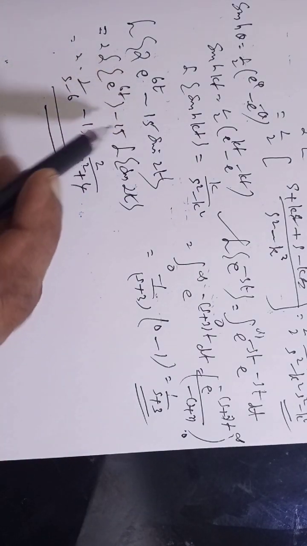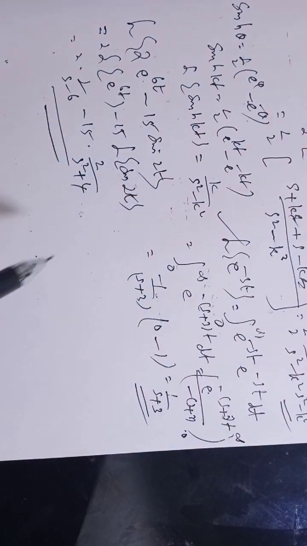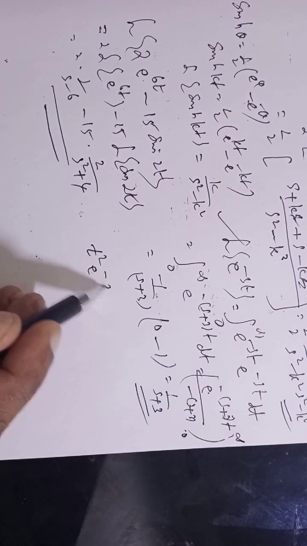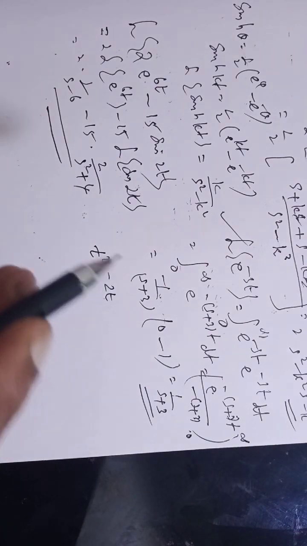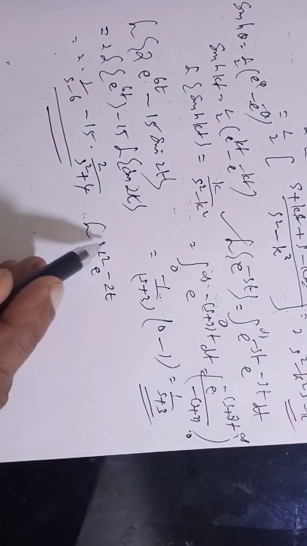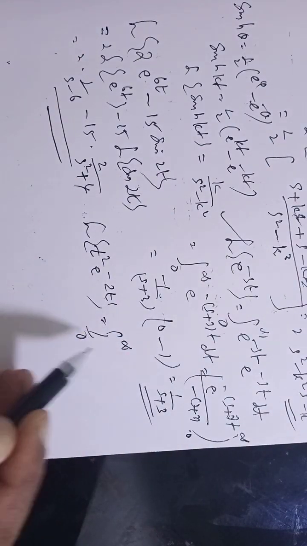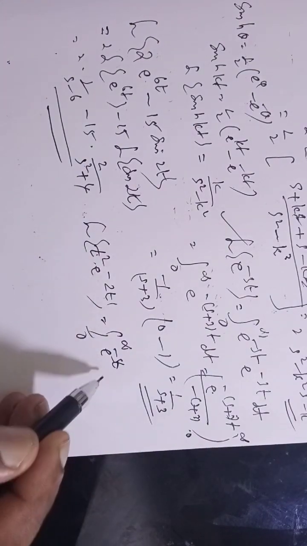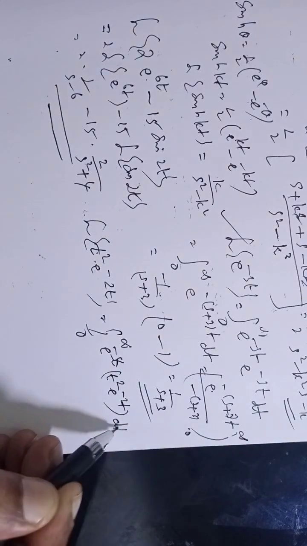So for 3 marks it is enough to find the Laplace transform of 2 e raised to 6t minus 15 sin 2t. Another question is to find the Laplace transform of t square into e raised to minus 2t. You write the formula: integral 0 to infinity e raised to minus st into f of t, that is t square into e raised to minus 2t dt.